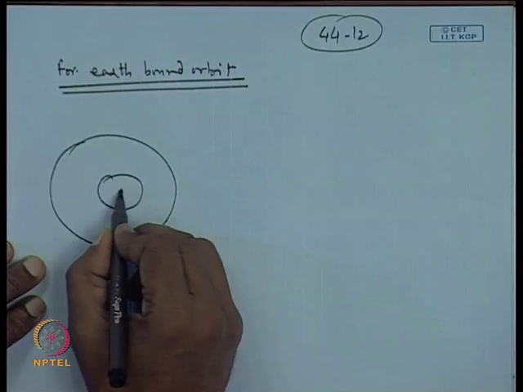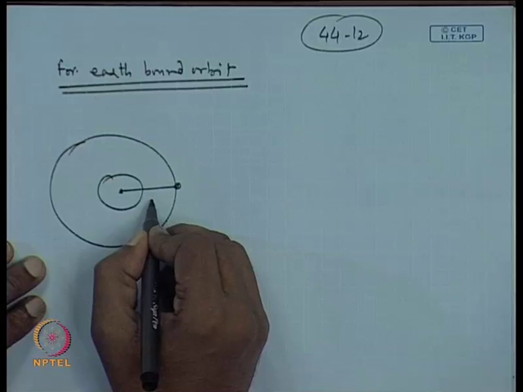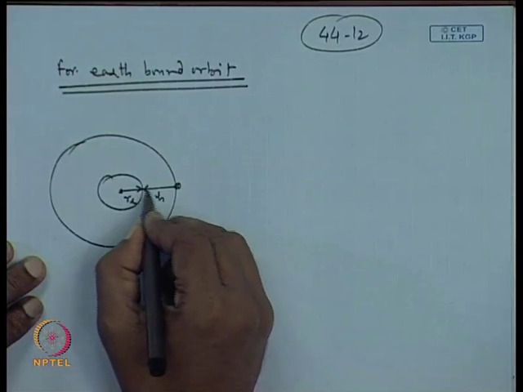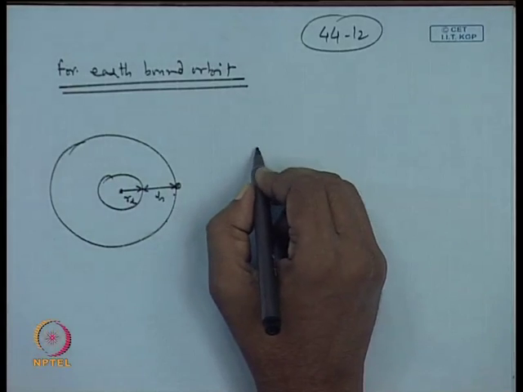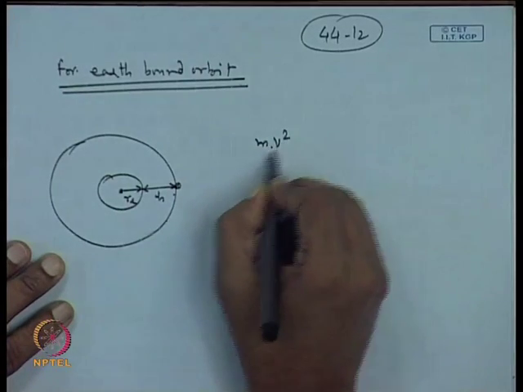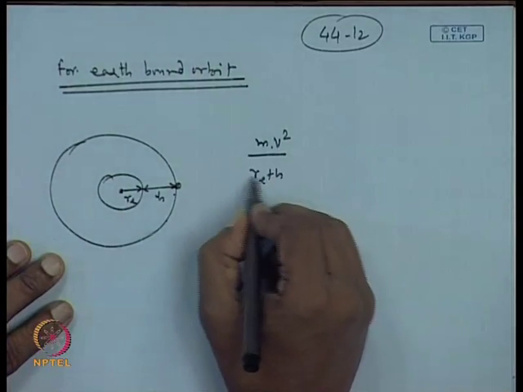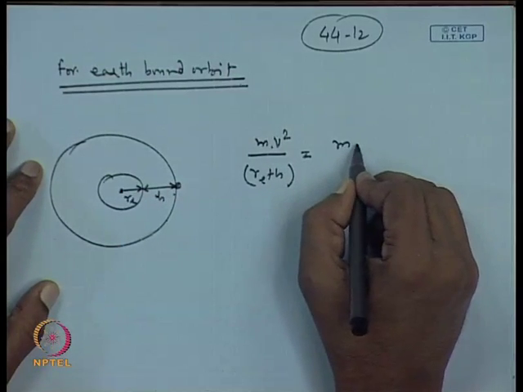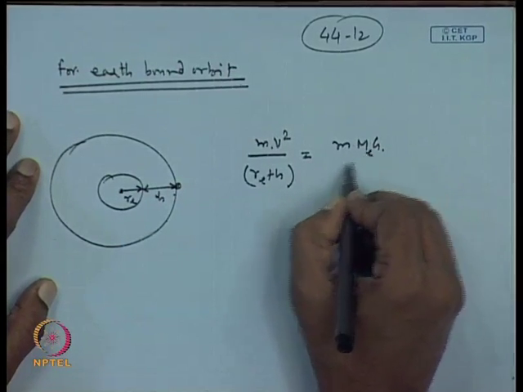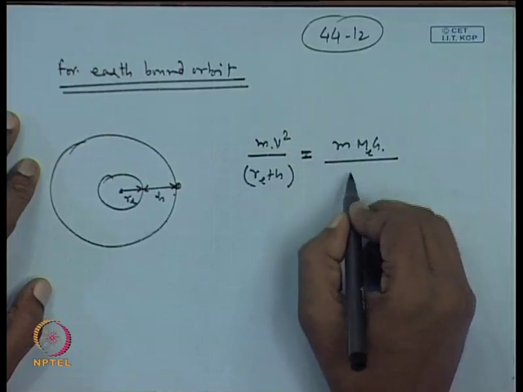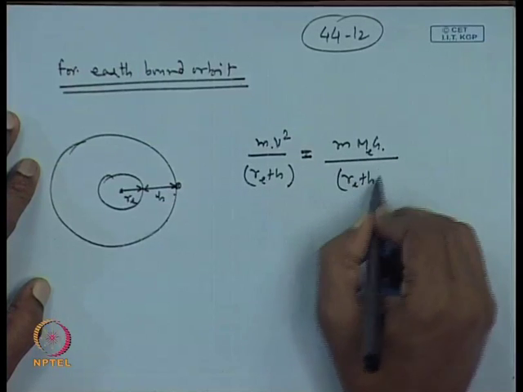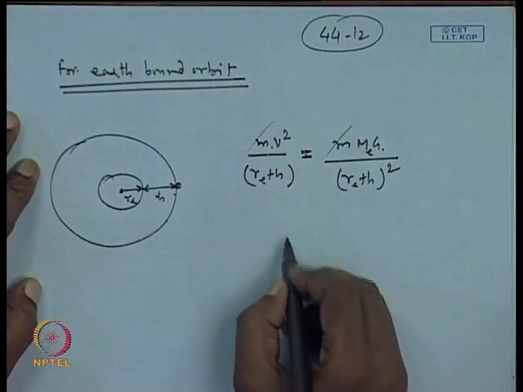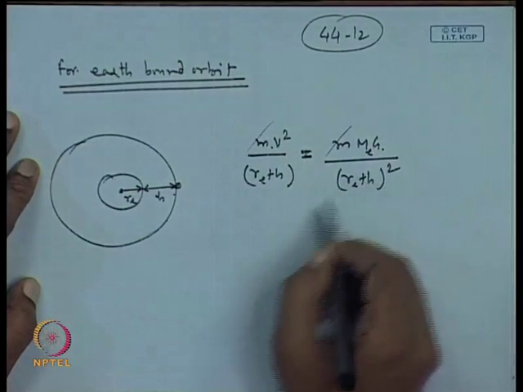This is the earth, here this is your radius of earth Re, and from here to here, this is the altitude h. So, m V square by Re plus h, the necessary centripetal acceleration, is provided by the gravitational force. This we cancel out, and here also this term will cancel out.